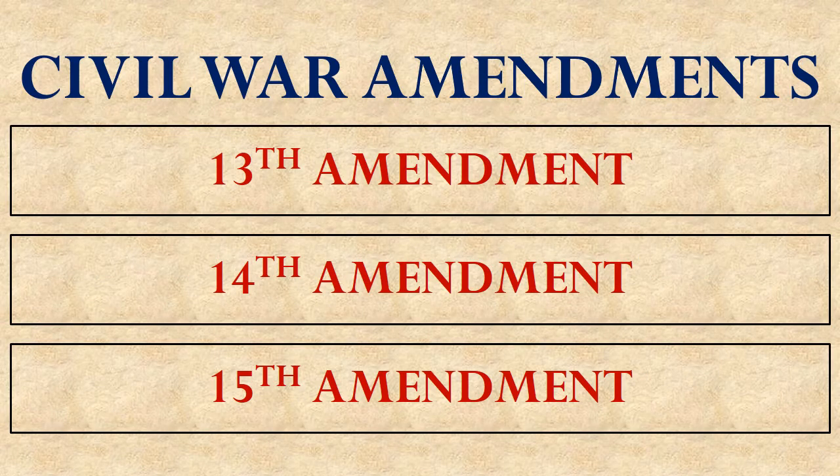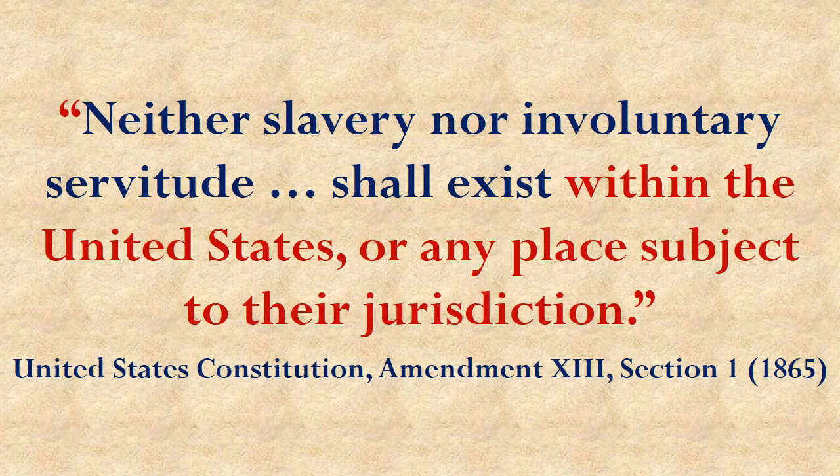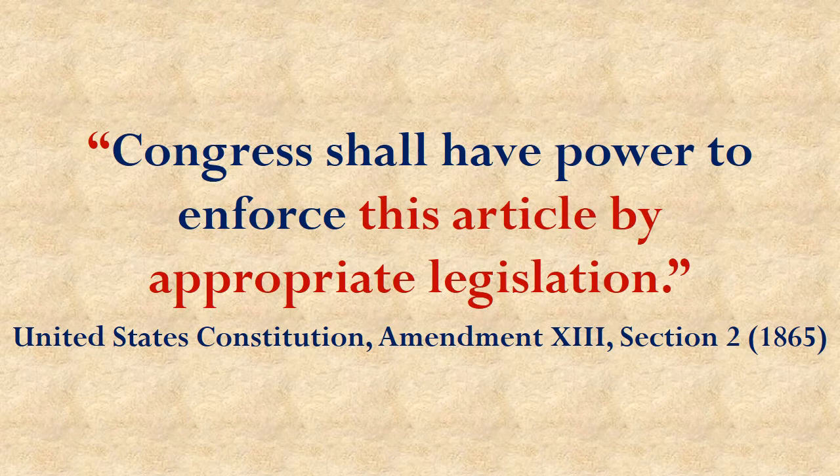So the amendments that were passed in this way were the 13th, 14th, and 15th Amendments to the United States Constitution. The 13th Amendment dealt with the issue of slavery directly and declared that slavery would no longer exist within the United States of America. It then provided that Congress would have power to enforce this legislation.